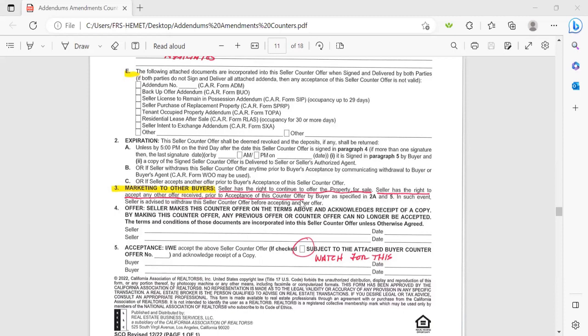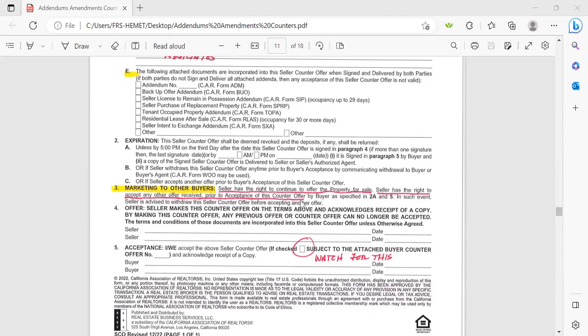And that is totally legal and entirely upsetting. But our buyer needs to understand, and that's why I highlighted it and underlined it in red, because the seller has to understand that we can send a counter over, but just understand that they have the right to accept any other offer received.